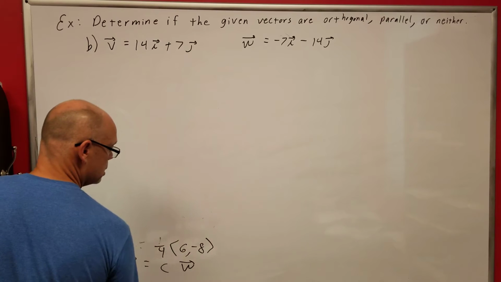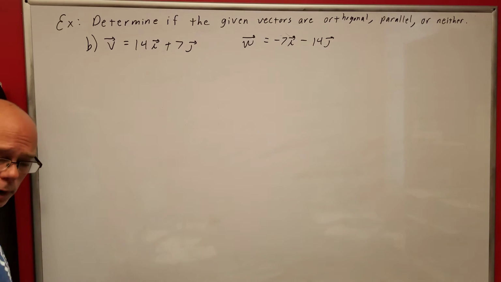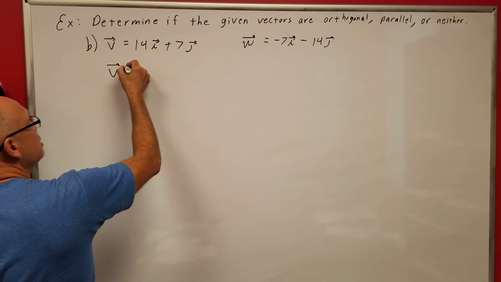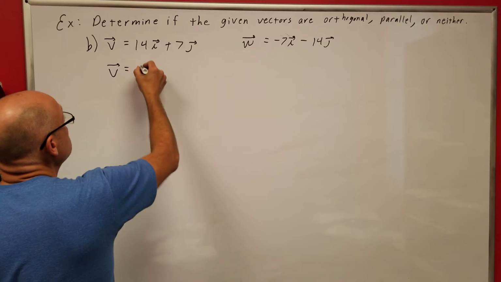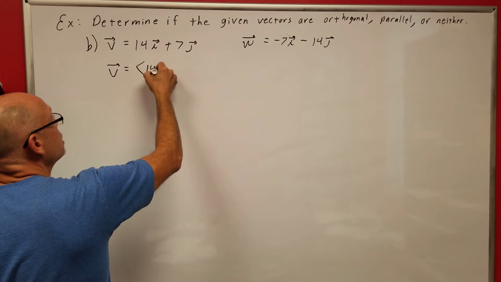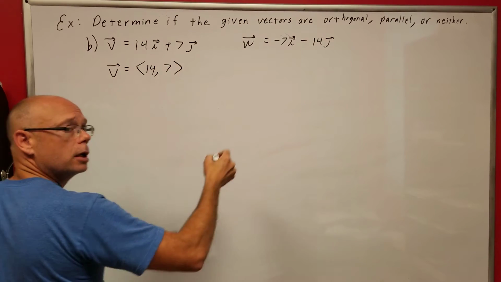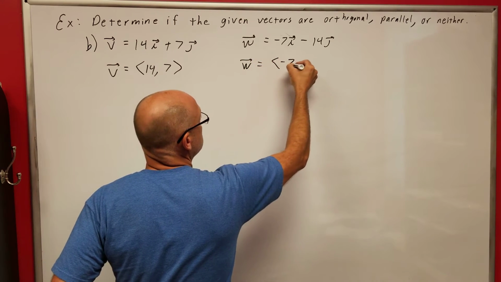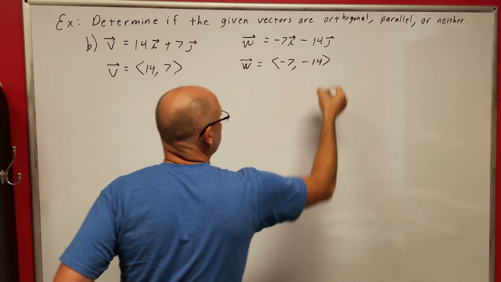All right, for these directions, where we determine if they're orthogonal and so forth, it's going to be easiest to write this in component form. So v will be a vector with components 14, 7, and w will be a vector with components negative 7, negative 14.